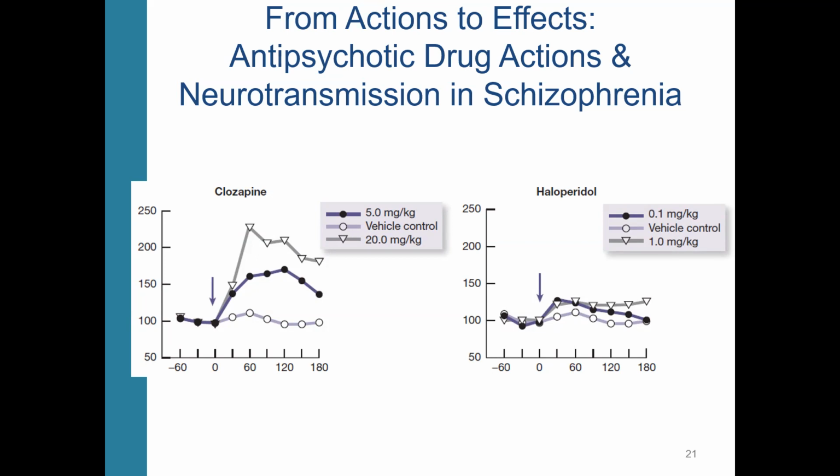After combining the two drugs, these researchers found significant increases in the dopamine concentrations in the prefrontal cortex. Based on these findings, the actions of atypical antipsychotic drugs on the 5-HT2A and D2 receptors may account for their effects on cortical dopamine neurotransmission and possibly their ability to improve cognitive impairment and negative symptoms in schizophrenia.